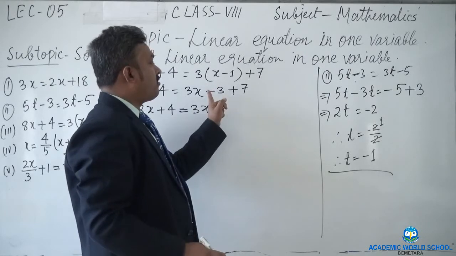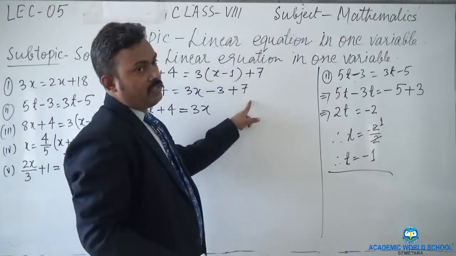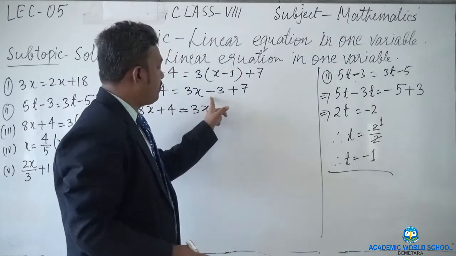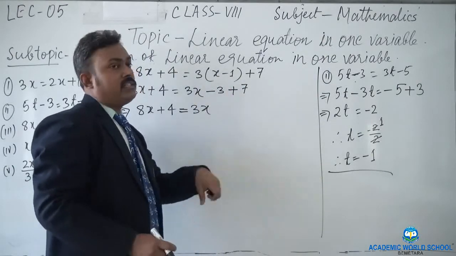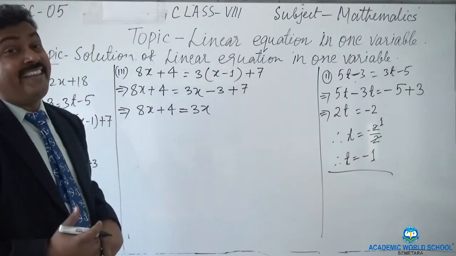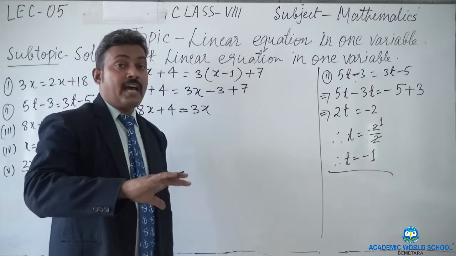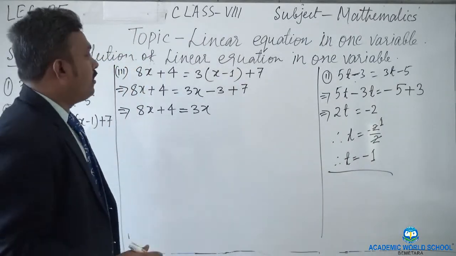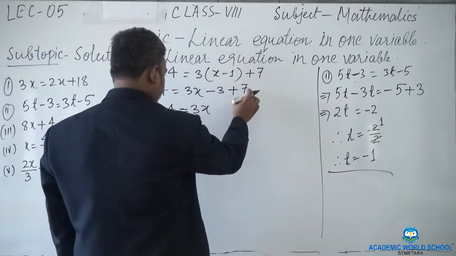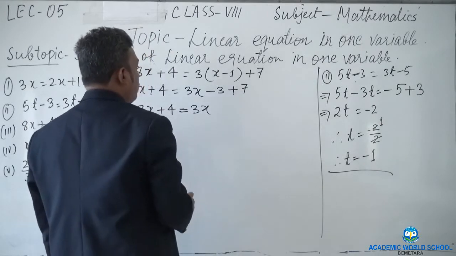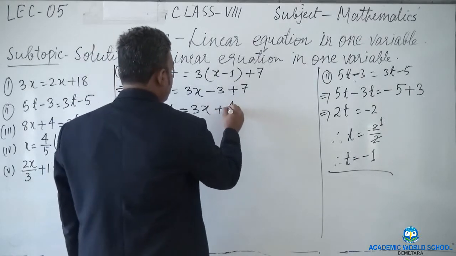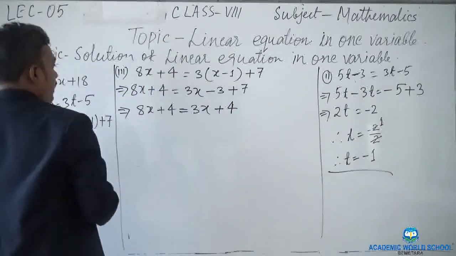Because 3 is negative and 7 is positive, the sign of 3 is minus and the sign of 7 is plus. And we know that in integers, if signs are different, we subtract them. So minus 3 plus 7 will be plus 4, right?